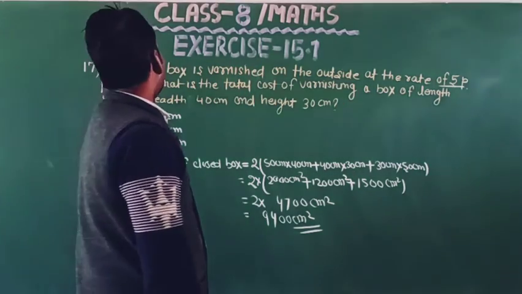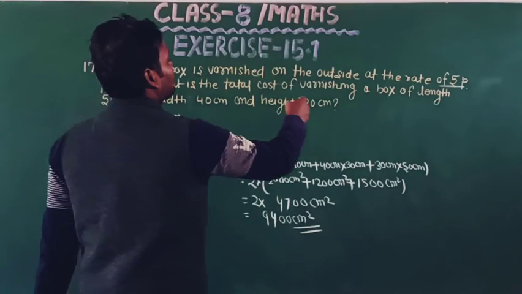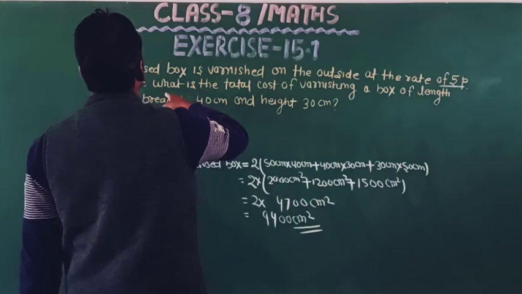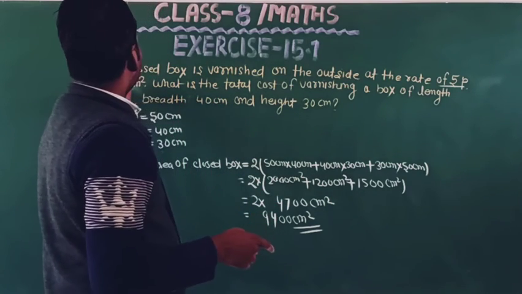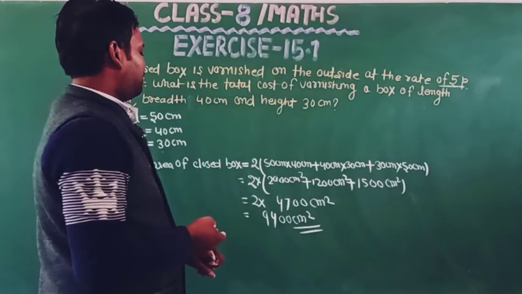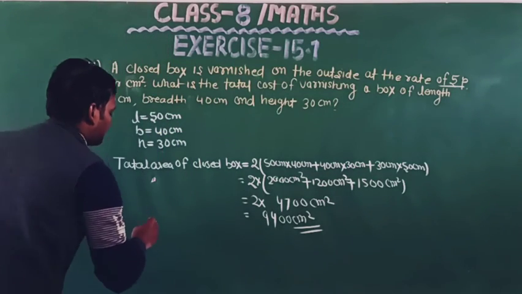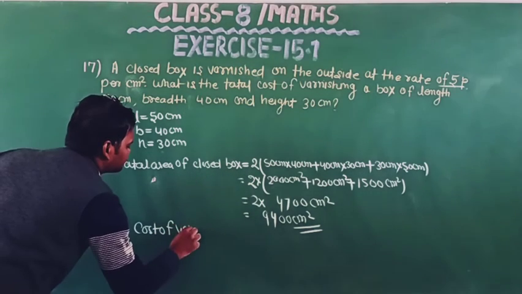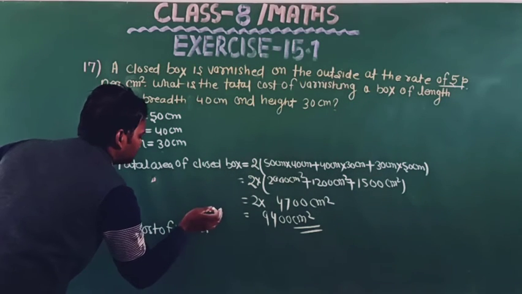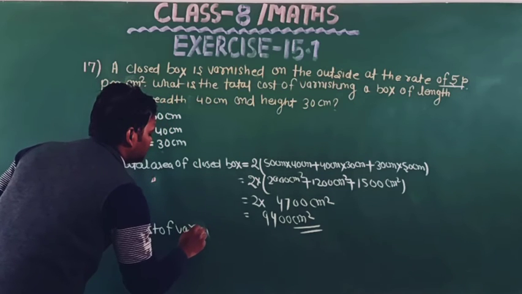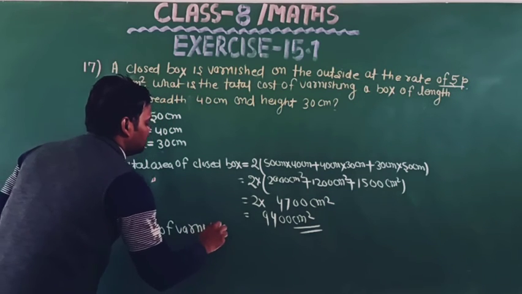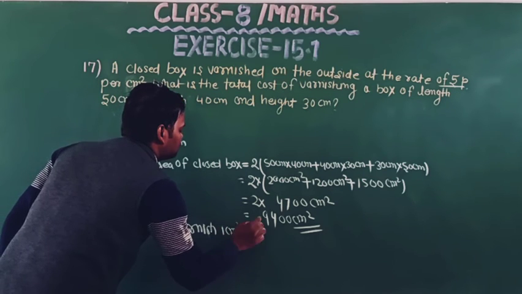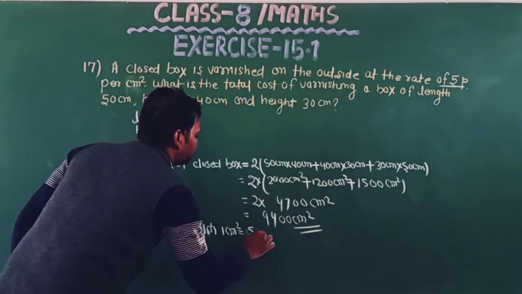Okay, and here the cost is given. The cost of varnish per cm² equals 5 paisa.